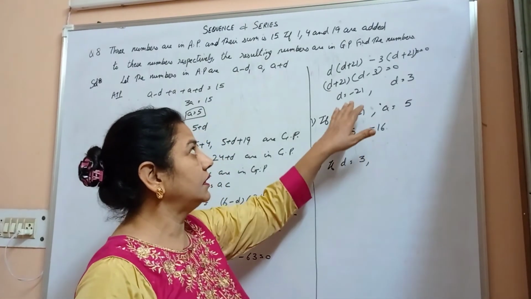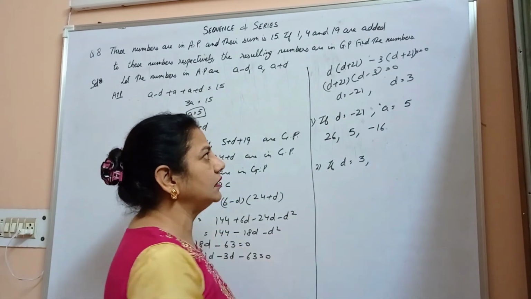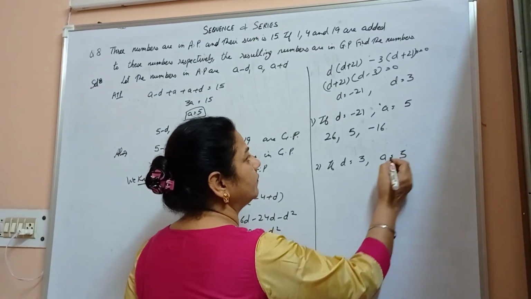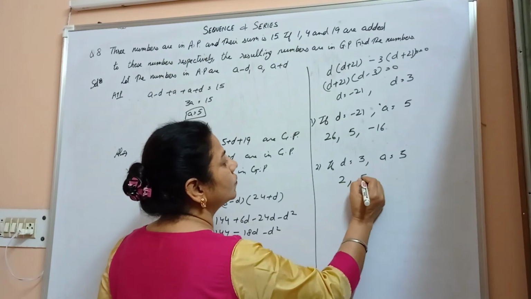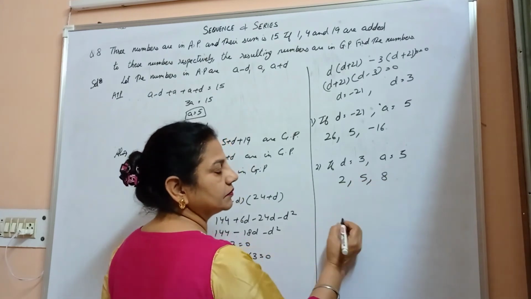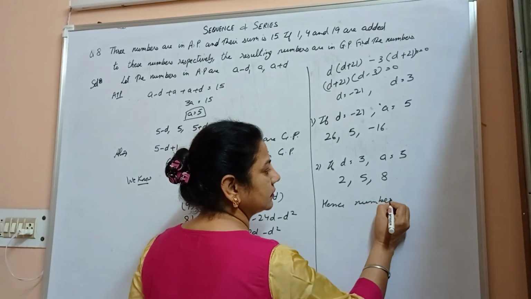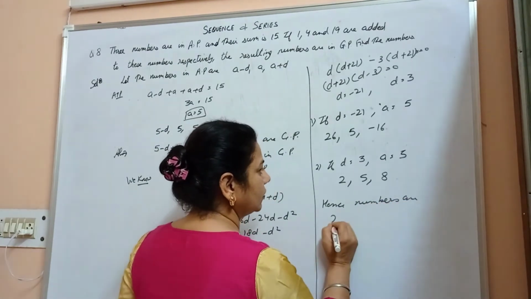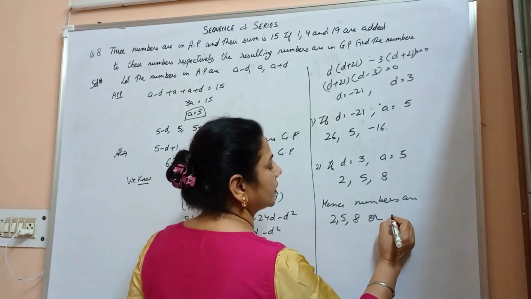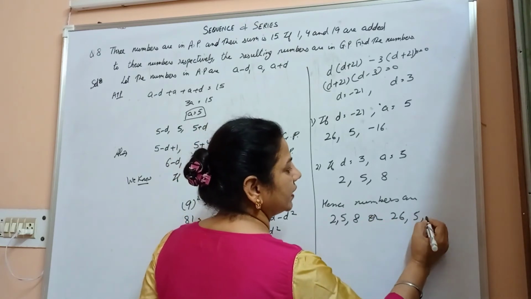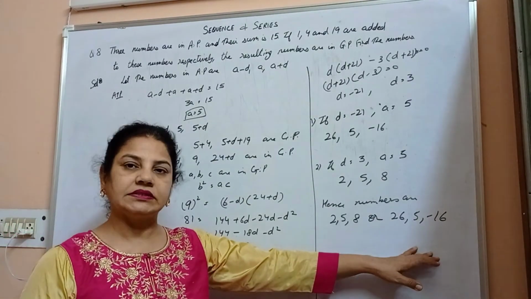I'm sorry, D is for the common difference, not ratio. So if common difference is 3 and A is equal to 5, I will get 5 minus 3, 2, 5 and 8. So hence numbers are 2, 5, 8, or you can say 26, 5, minus 16.